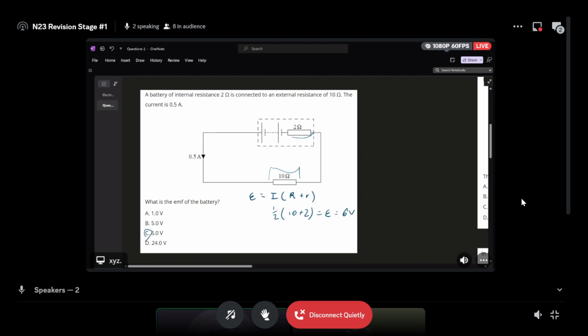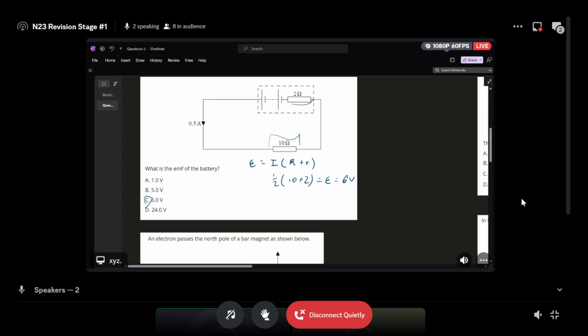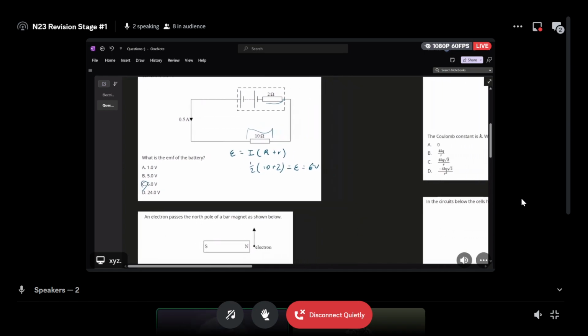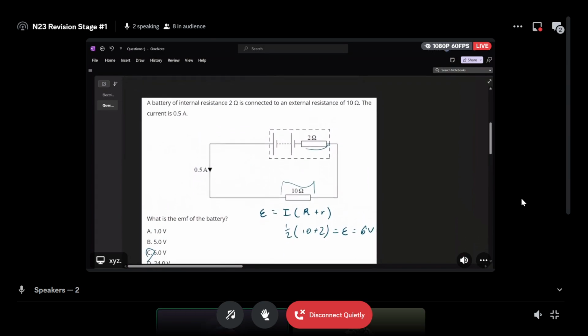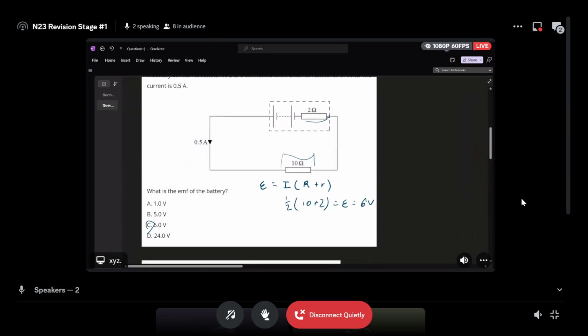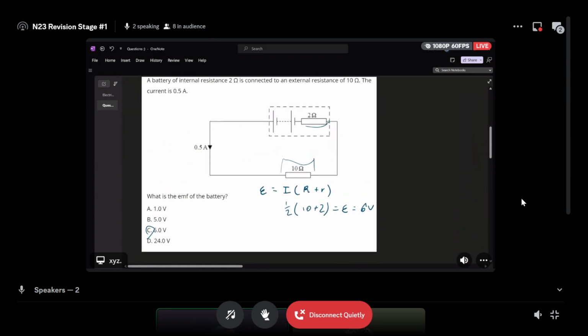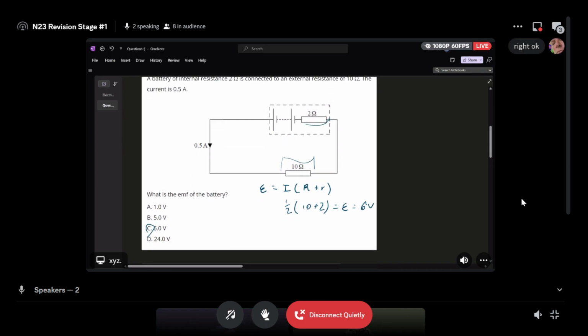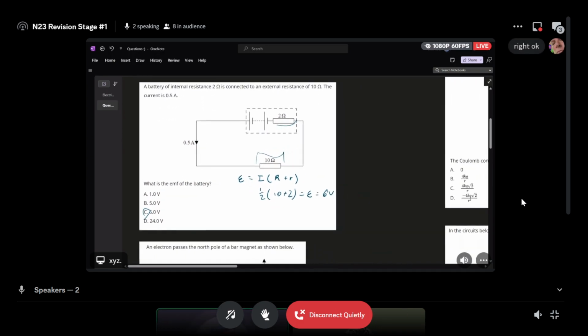Otherwise, if you still have no clue what to do after 1 minute, start breaking down the information that's given to you and see what options you can eliminate immediately. So, for example, here, you can almost instantly eliminate 24 volts because that's just a lot.